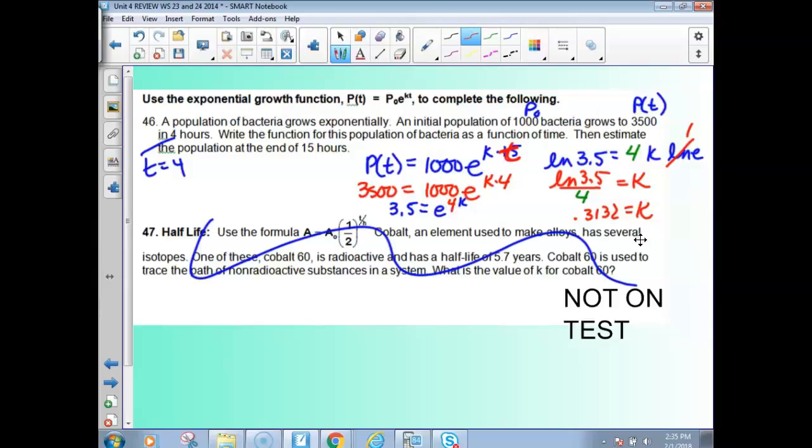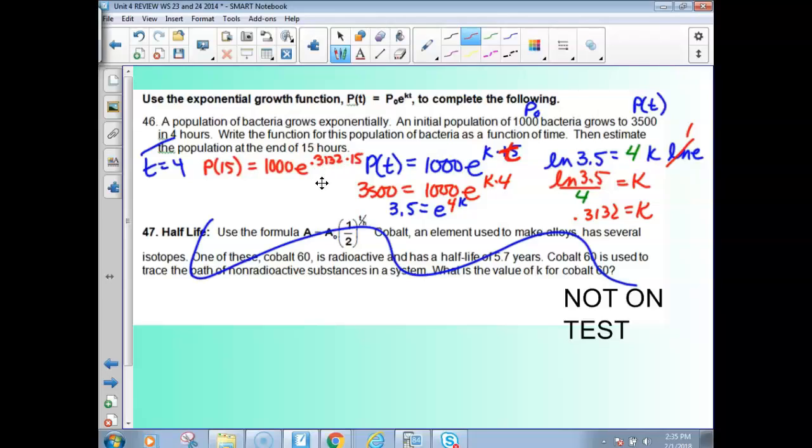All right, now after I find my k of 0.3132, which is what you're going to get when you type ln of 3.5 divided by 4, go ahead and recalculate it if you want. The new equation for any amount of time now, and we're going to do the P of 15, we're going to be putting in 1,000 times e to the 0.3132 times 15.